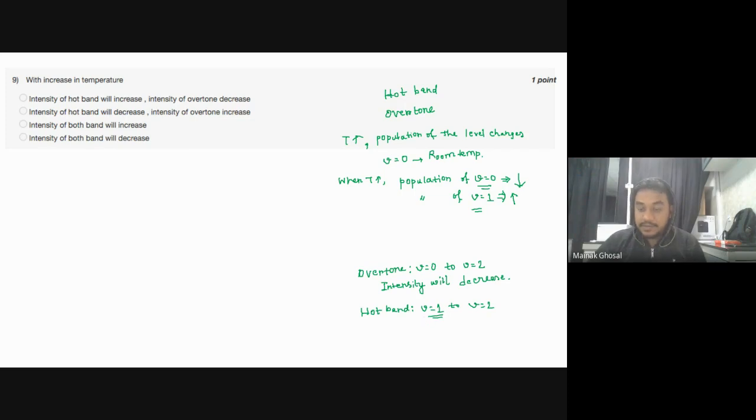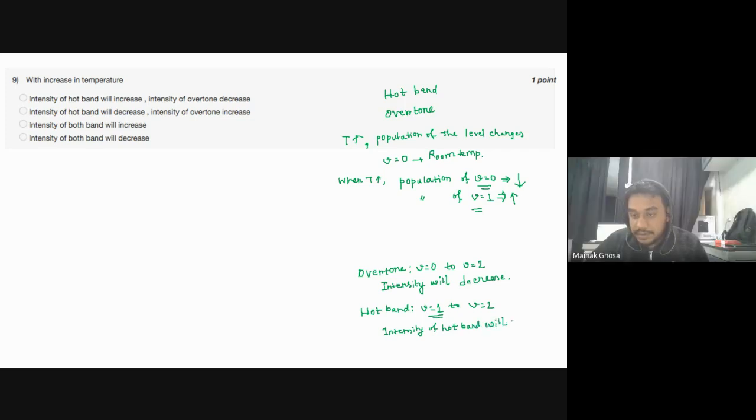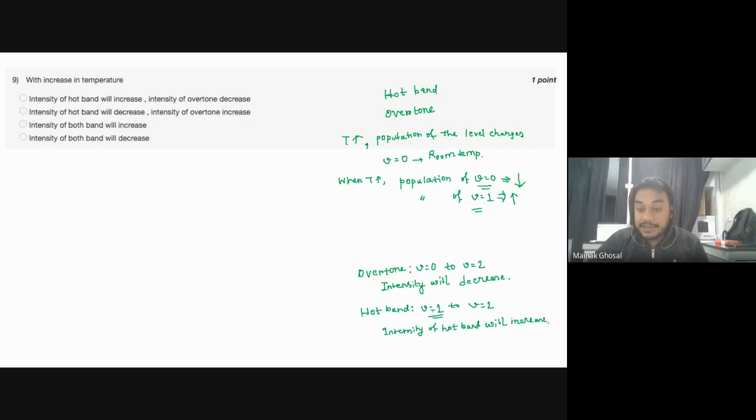That means V equals to 1 is the excited state, so the population of the excited state is increasing. That means your intensity of hot band will increase. Why will it increase? Because your population in V equal to 1 level is increasing.